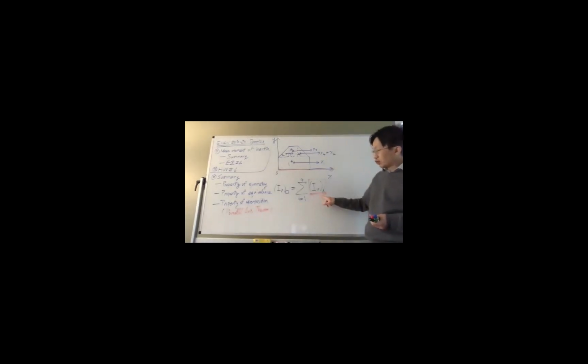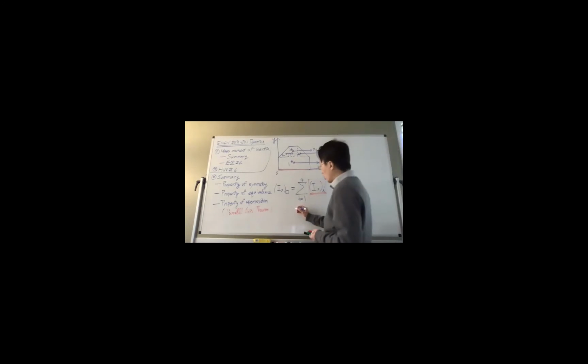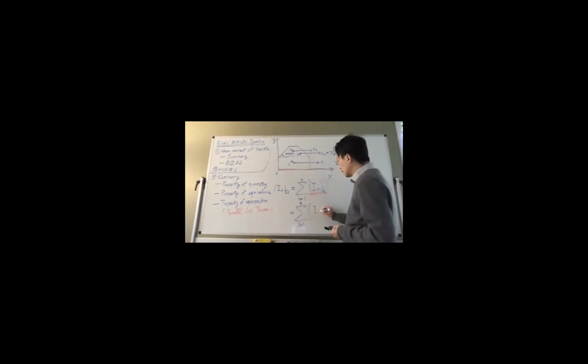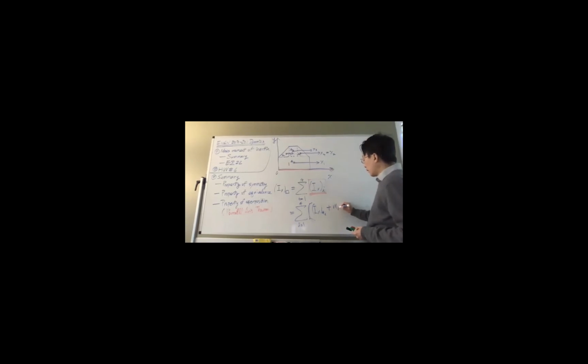Therefore, whatever the value you put here, you always have to write it like this: the sum from i equals 1 to 4 of Ix at the center of gravity, Gi, plus Mi and Di squared.